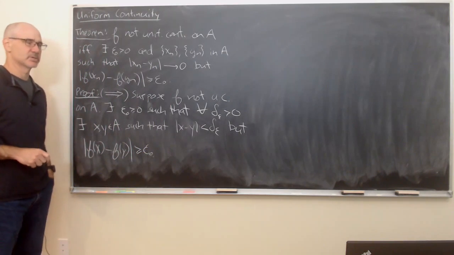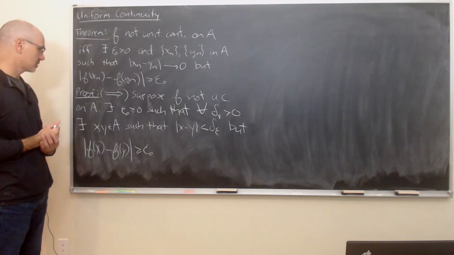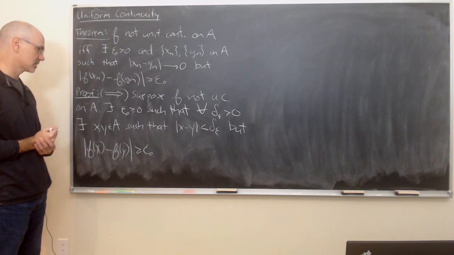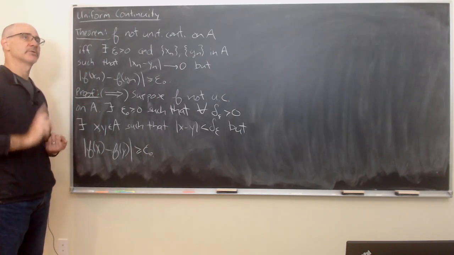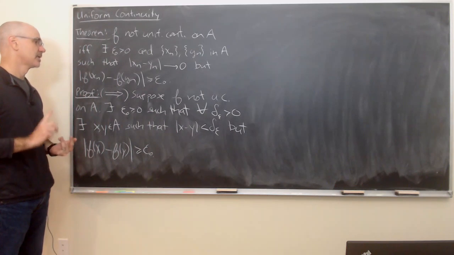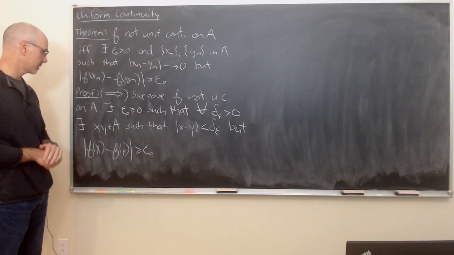It's a lot to do, and a little subtle, but this is negating the definition of uniformly continuous. Uniformly continuous means for every epsilon there's a delta such that if x and y are close enough together, then f(x) and f(y) are less than epsilon apart.